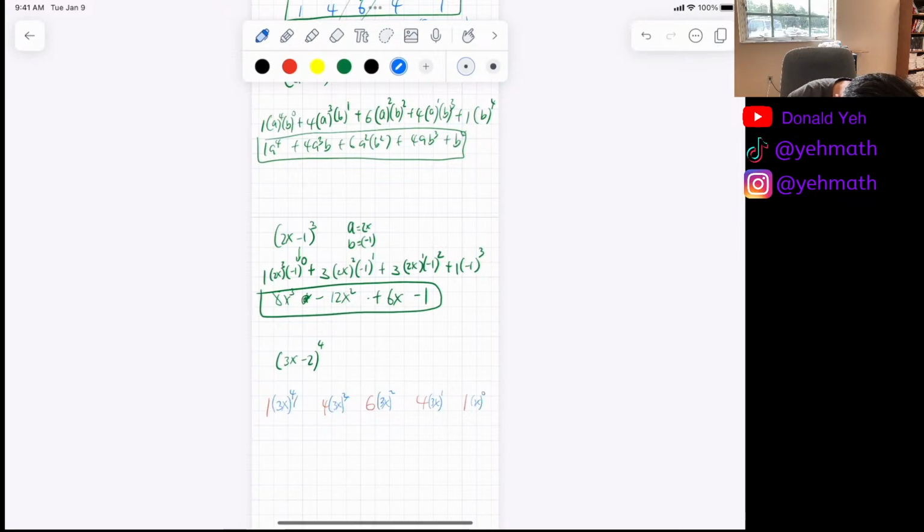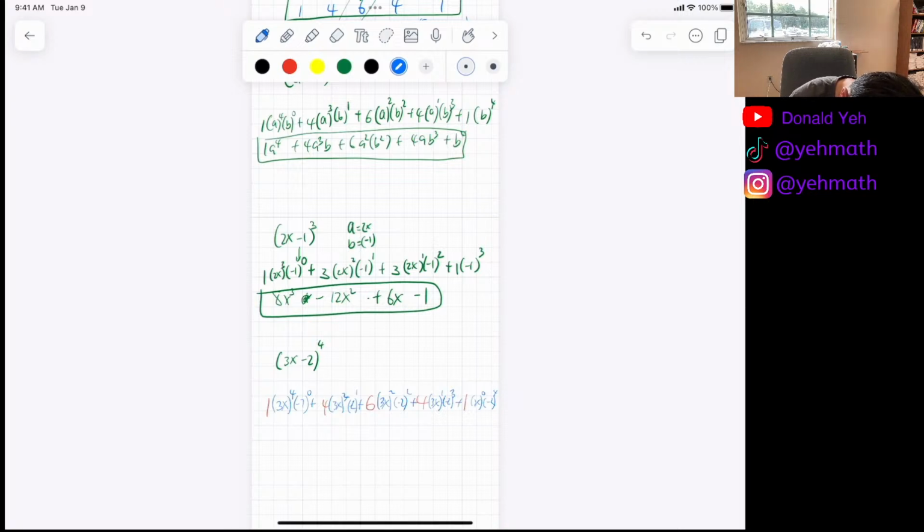And then this is going to be negative 2 to the 0, plus negative 2 to the 1st, plus negative 2 to the 2nd, times negative 2 to the 3rd, times negative 2 to the 4th.